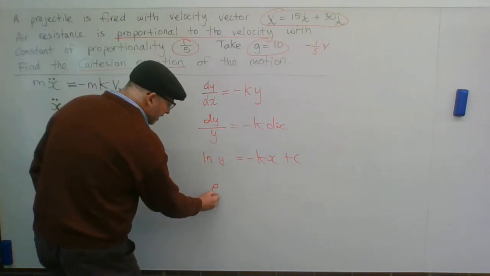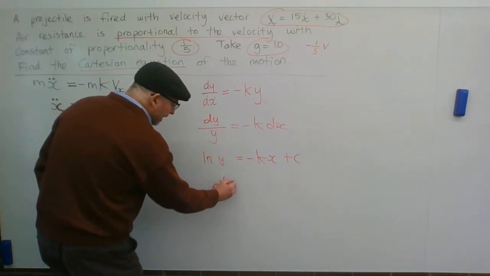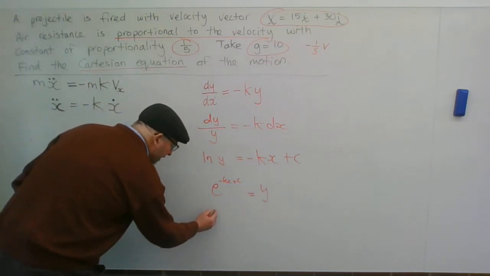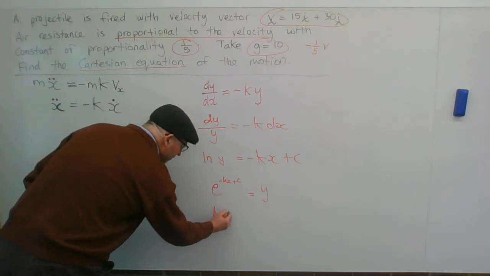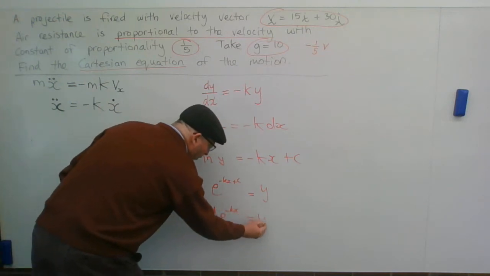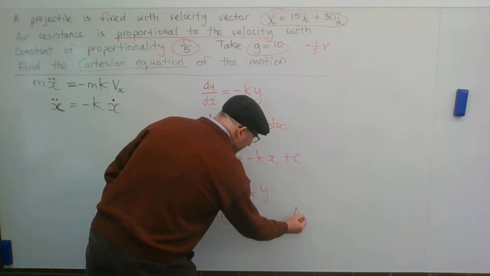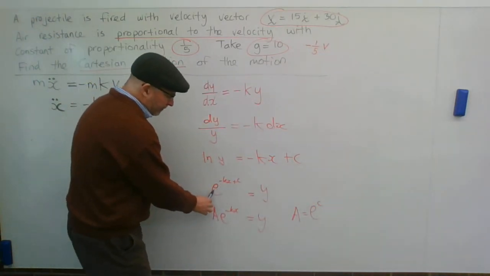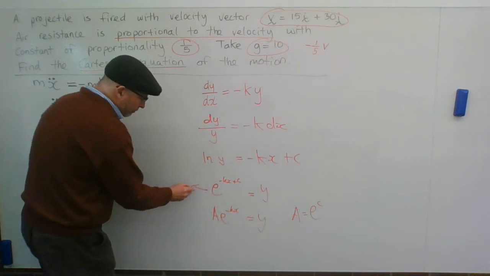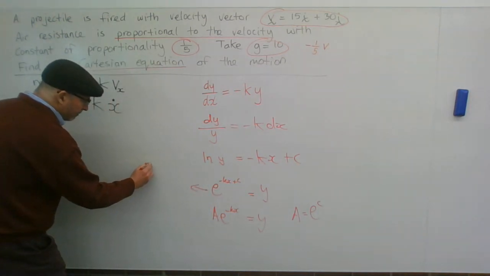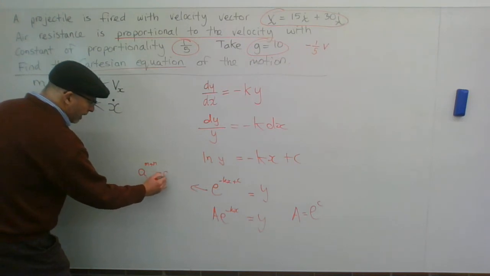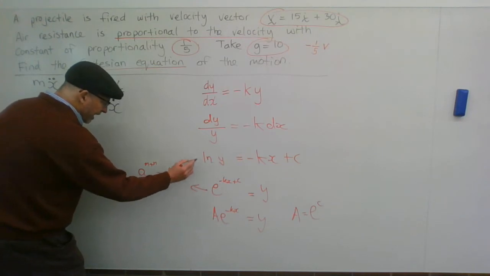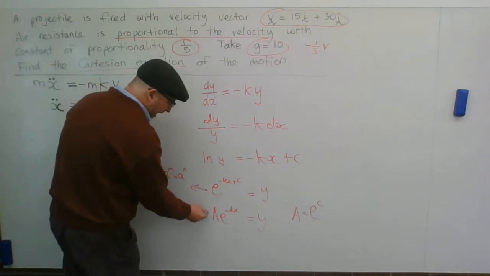Now, this means that e to the minus kx plus c is equal to y. And that means that a e to the minus kx equals y, where a is equal to e to the c. Because I'm using that rule that says if you have a to the m plus n, that's equal to a to the m times a to the n, and I'm turning it back into there.